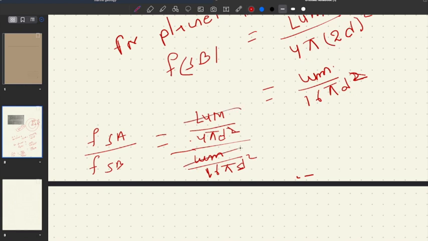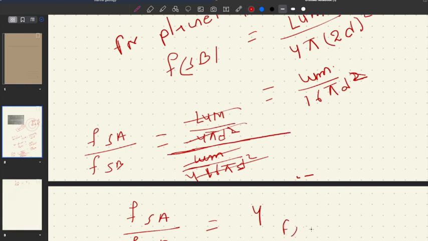So luminosity cancels, this one is 4 pi D squared, this is 16 pi D squared, so it is 4 times. Now we can say that FSA by FSB is equal to 4, because it is in the denominator. So we can say that FSA is equal to 4 FSB.